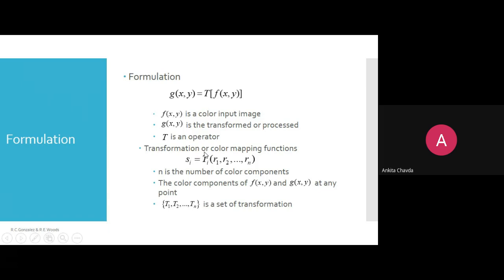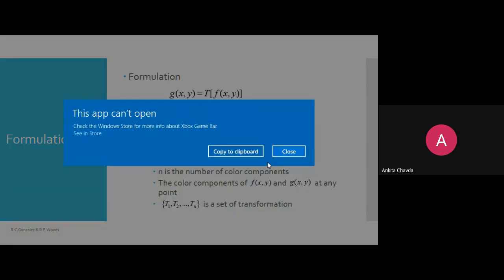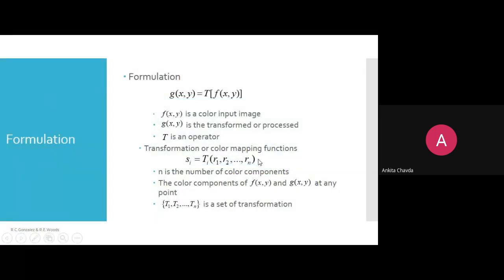So this transformation or this color mapping function Si is equal to Ti(R1, R2 till Rn), where S represents the intensity of your output image, and R is the intensity of your input image, right? So n is the number of color components. Generally in RGB you have three only, R1, R2, R3.